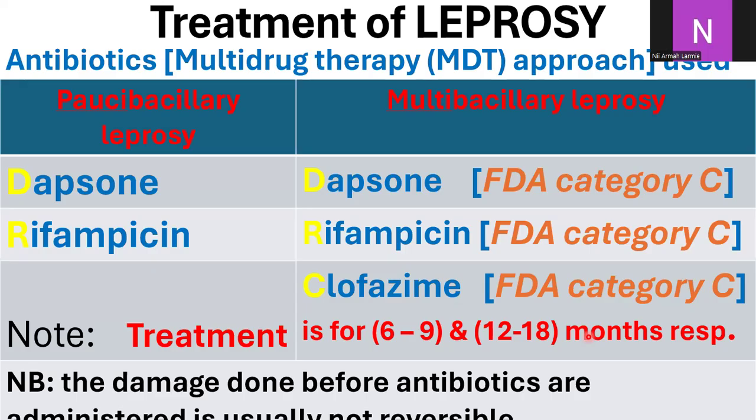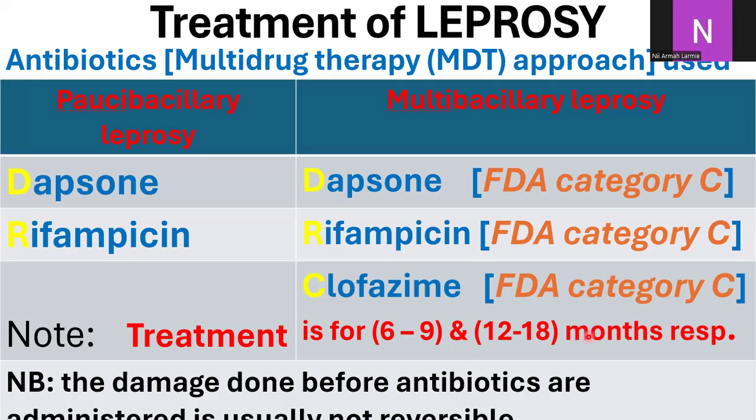Now, in treating paucibacillary leprosy, the regimen can last for 6 to 9 months, depending on how well the patient responds and how effective our drugs show themselves to be.